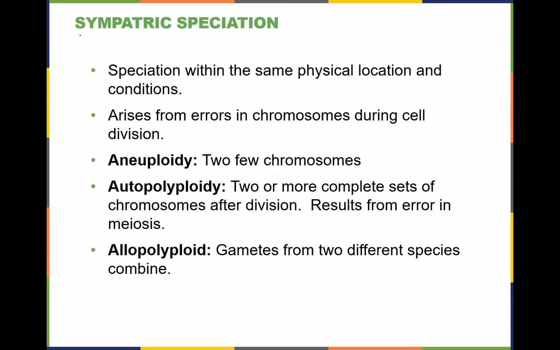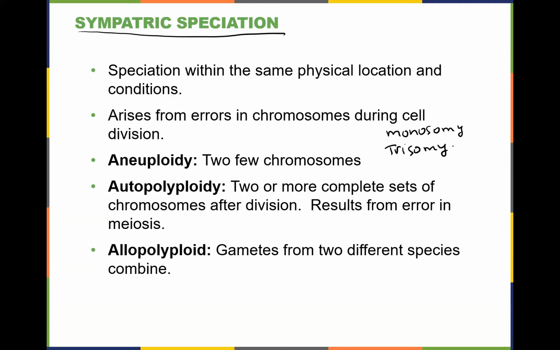For sympatric speciation, again, this mostly happens in plants, due to aneuploidy, too few or too many chromosomes. I think we already talked about aneuploidy in humans. If you still remember the monosomy and the trisomy.